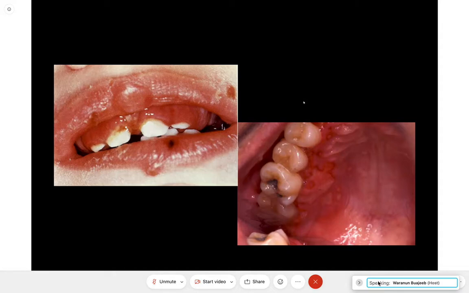Are you all with me? Ulcer, yeah. What type of ulcer? Multiple, right? Multiple ulcers. And if you try to see, I will point out this one.